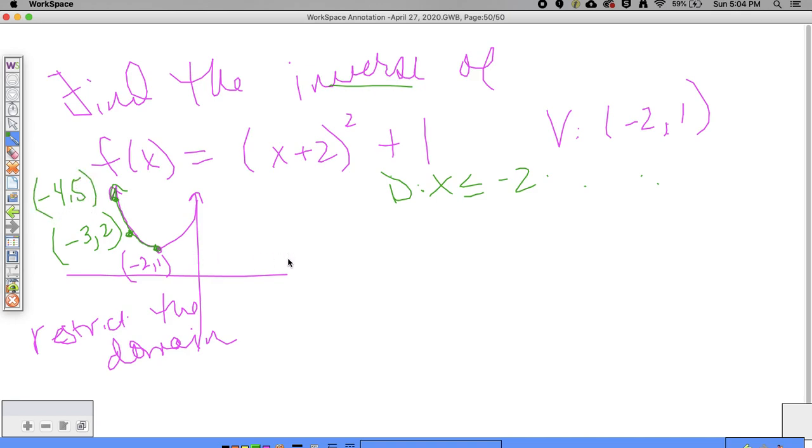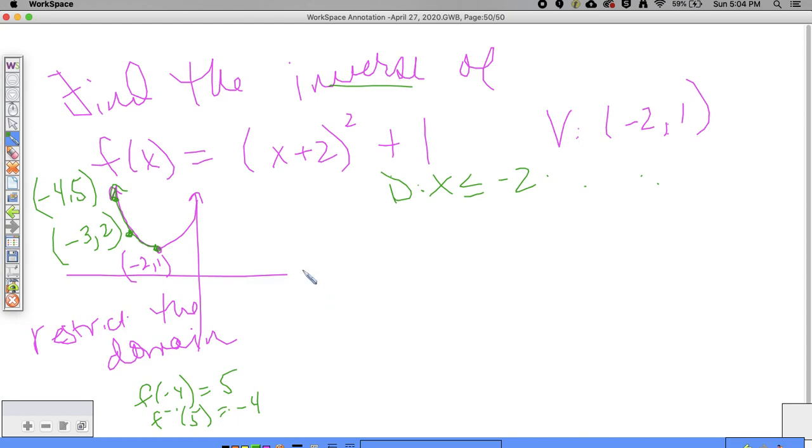Now, if f of negative 4 is equal to 5, then you know that f inverse of 5 is equal to negative 4. So you know that on the inverse, the point 5, comma negative 4 is going to be on there, the point 2, comma negative 3, 1, comma negative 2, and so forth.